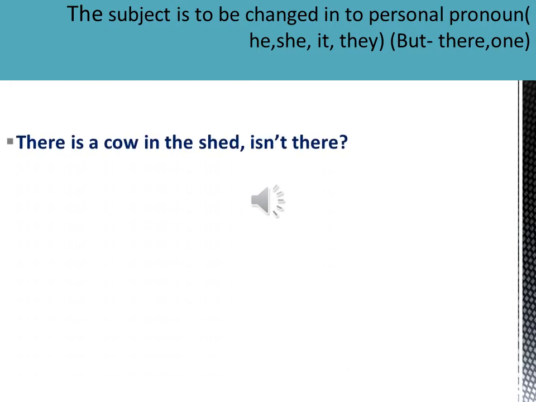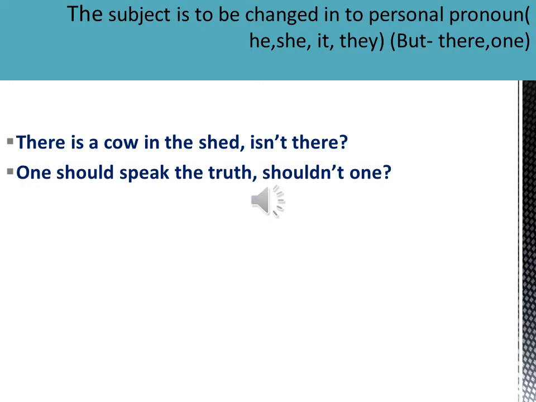Students, in question tag, the subject should change into personal pronouns like he, she, it, they, according to the subject. But sometimes if there and one are given as the subject in a sentence, then it is not changed. It is written as it is given. For example, there is a cow in the shed, isn't there?